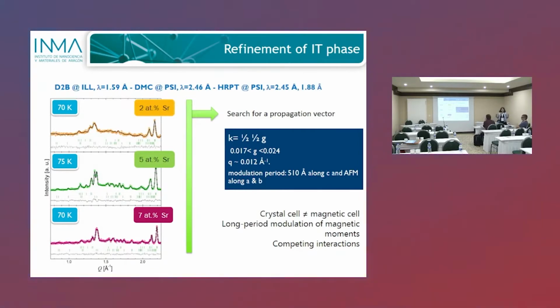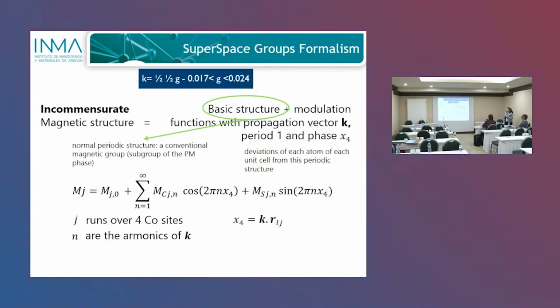But which is the model? You have to find or propose a model for this magnetic structure, not just the propagation vector. To do that, using neutron diffraction, one strategy, when you are dealing with incommensurate magnetic structures, which are the hardest to deal with, is to use the superspace group formalism, which is very recently implemented in Fullprof from 2020.